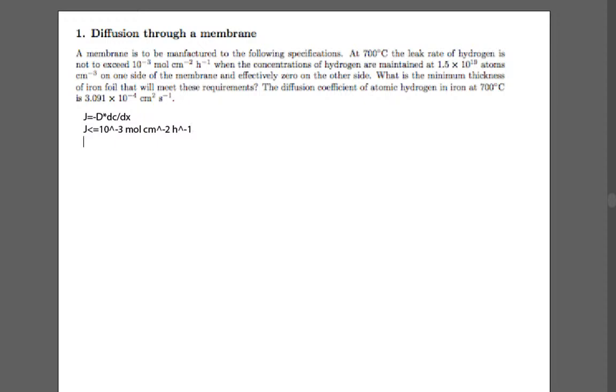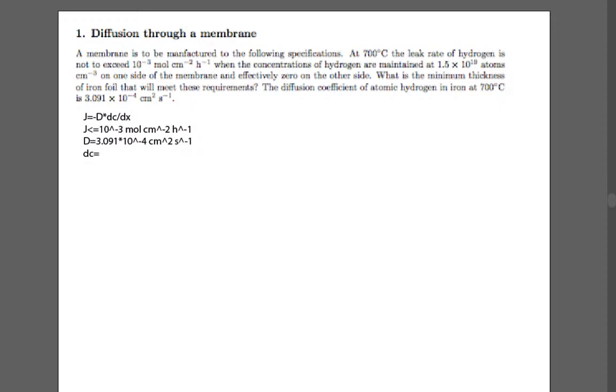And then after that, we also have the D here. The D in here is 3.091 times 10 to the power of negative 4 centimeters squared s to the power of negative 1. With this, let's find the change of concentration.